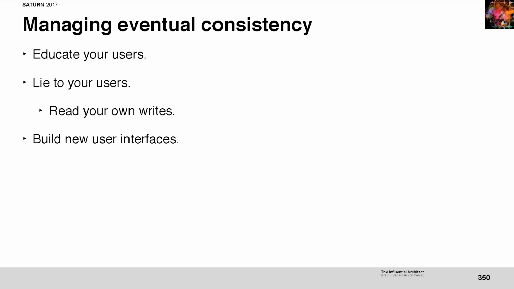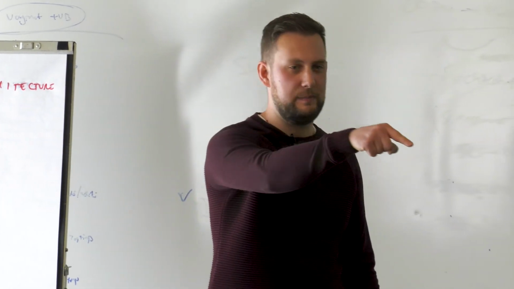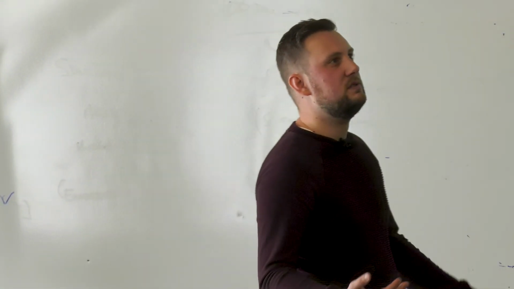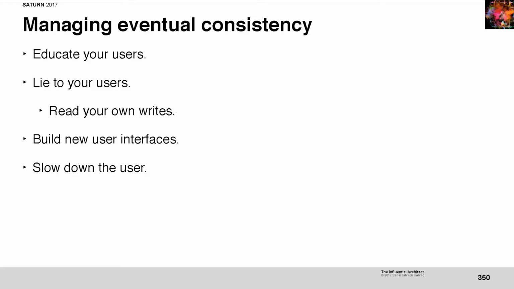The next thing you can do is you can build new interfaces, and this kind of goes hand in hand with educating the users. If you have user interfaces that as soon as you create something, you immediately go to that, well, you can decide to do something else instead to better account for all of this. Next thing you can do is slow down the user. This is literally why spinners were invented. And you can speed up the backend. That's also a very valid pattern.